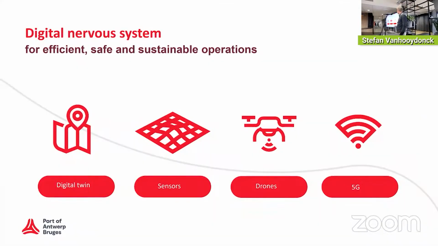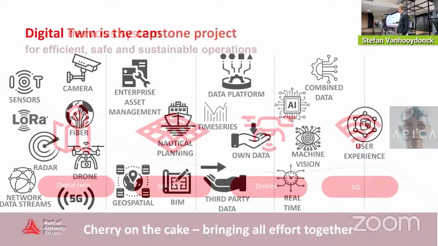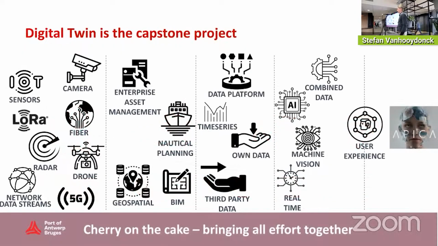So that is the digital nervous system. But to top that off, we have the digital twin, which combines the initiatives on those pillars. It's the cherry on the cake because we have investment in networks, radar networks, LoRa networks, IoT sensors. We have investments in applications: geospatial, BIM, enterprise asset management, and aeronautical planning system.